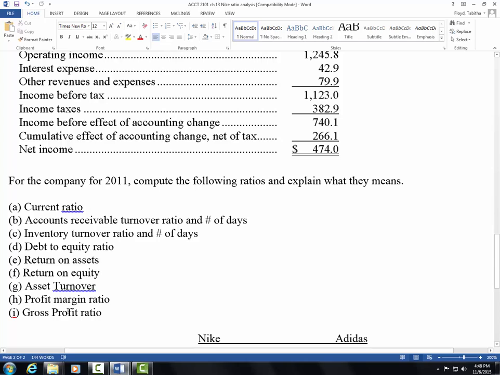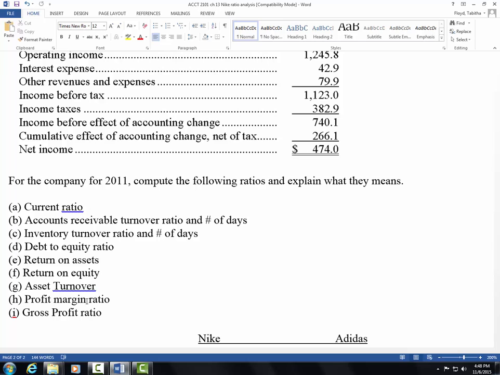Remember that you're going to have the ratio handout, and it's on D2L. You've had it on the prior two exams. It's going to be exactly the same handout on this exam. So you'll have all the formulas for these ratios. But I want you to take the time now, pause the video, and work these ratios for yourself. And then we're going to compare the ratios that you computed with Adidas, a competitor, and say whether Nike is better or Adidas is better.